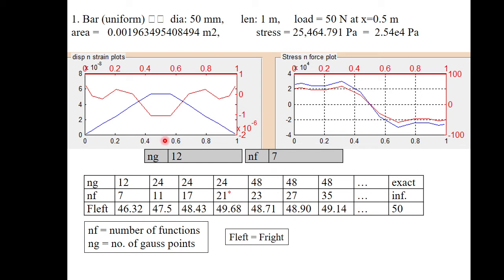What are these things? One is displacement, the other one is strain. Here we have two results: the displacement field, and the derivative of that, which is our strain.